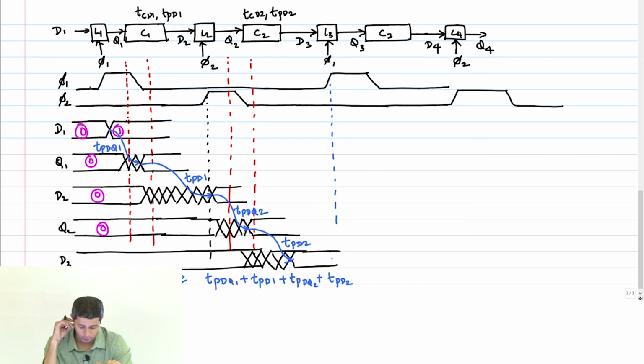Rising T_PD2 can change, it can actually change even later. But I'm just imposing a constraint that I wanted to finish in that cycle. Because there are cases later where I cannot do this time borrowing from the neighboring cycle. Technically there is nothing that stops me from making T_PD2 go all the way till this boundary.